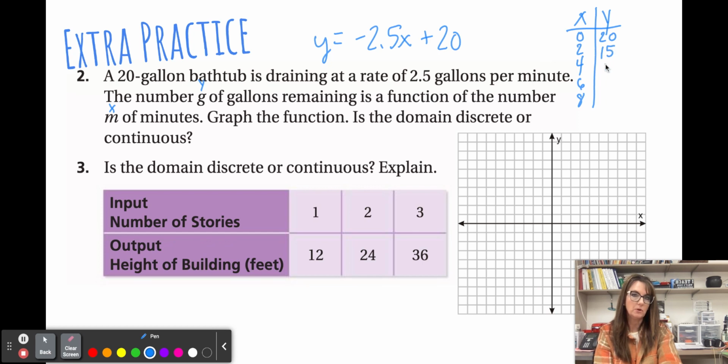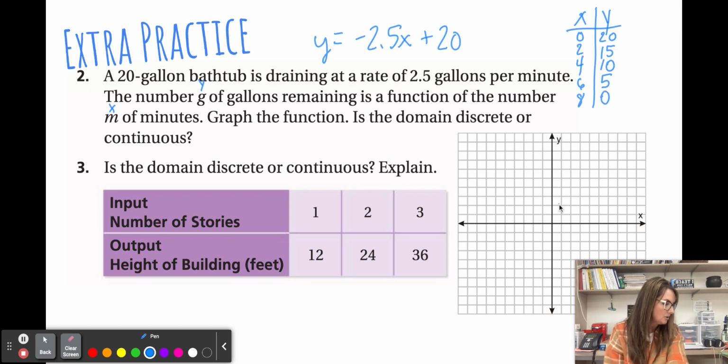If you do 4, you're going to have 10, because 4 times that would be a negative 10 plus 20. If you do 6, your output would be 5, because you'll have a negative 15 plus 20. And then if you do 8, look at this, we get our x-intercept right here.